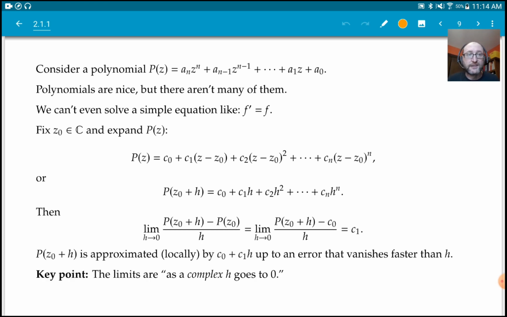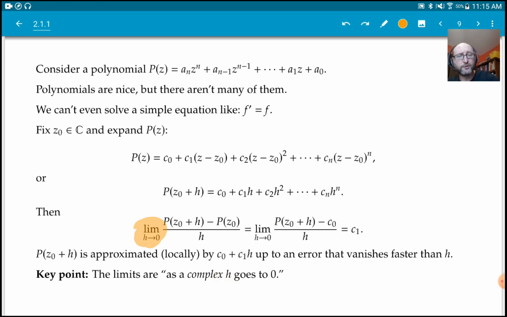Now, just to emphasize, all these limits that we're taking, and all these limits that we're going to be taking, are as a complex h goes to 0, right? So the h varies over C, not over R or whatever. It varies over C, so there's lots of ways to approach 0, right?